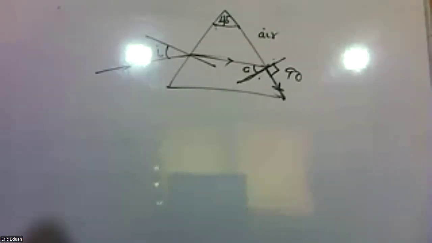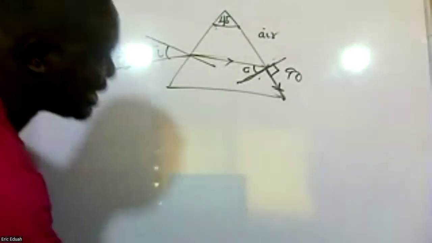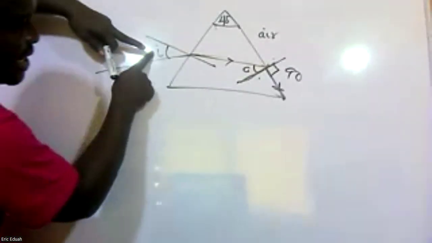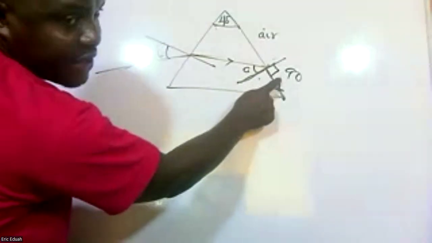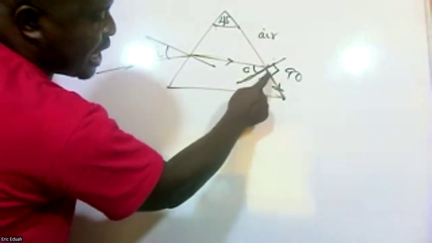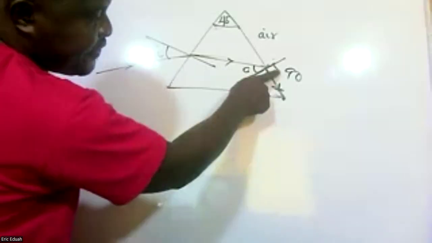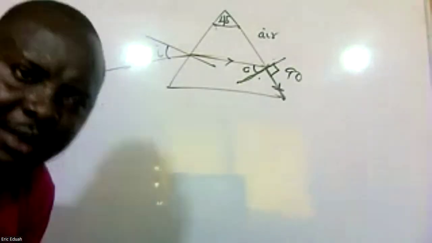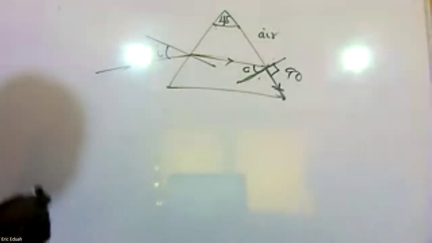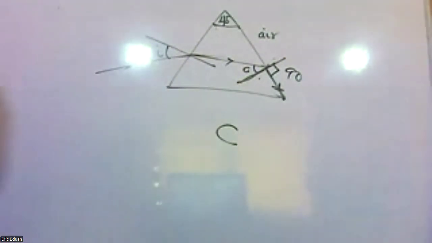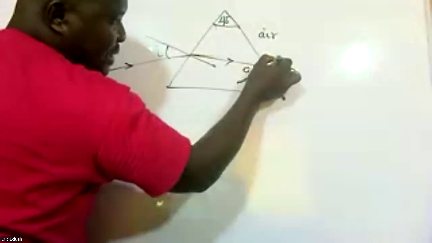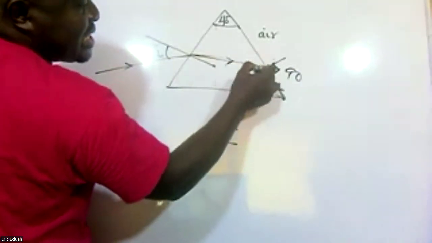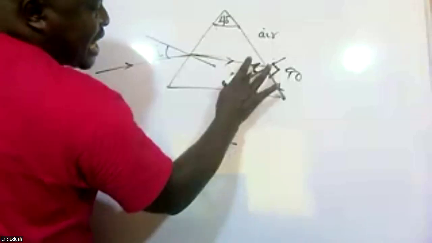You see, we are looking at, as the light leaves the prism, what this angle should be so that total internal reflection would occur. The requirement for total internal reflection is knowing C. So for this to be 90, the angle of incidence within the dense medium must be equal to the critical angle.